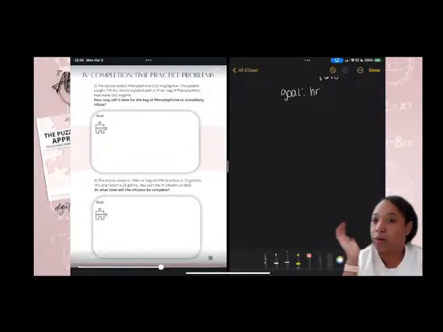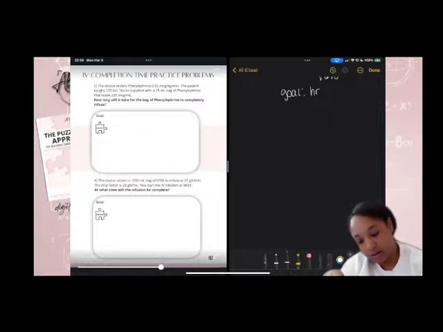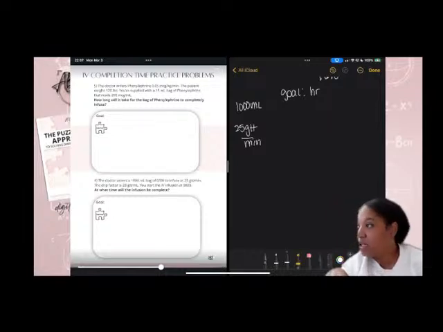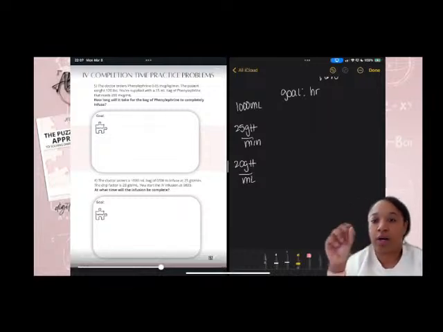Okay, so what are our puzzle pieces? 1,000 ml. We've got 25 drops per minute. And then we've got 20 drops per milliliter. Okay, what are we going to start with if our goal is hour?